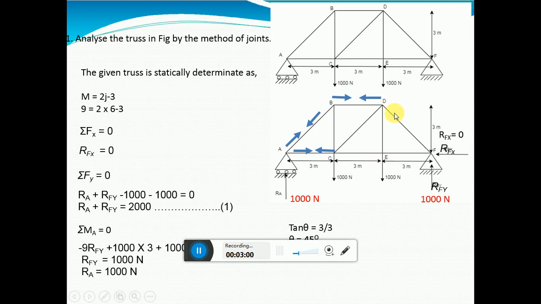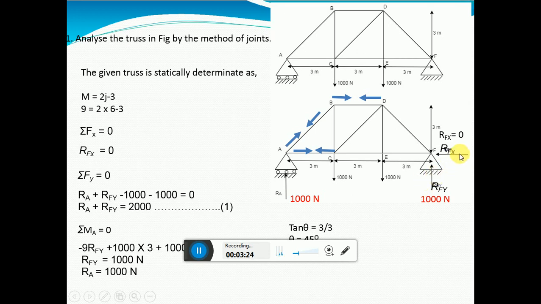Now first, before going to the joints, we have to solve these unknown reactions RA, RFX and RFY, for which you have to apply the conditions of equilibrium. So what is the condition of equilibrium? Summation Fx is equal to 0. What are the horizontal forces acting on the truss?